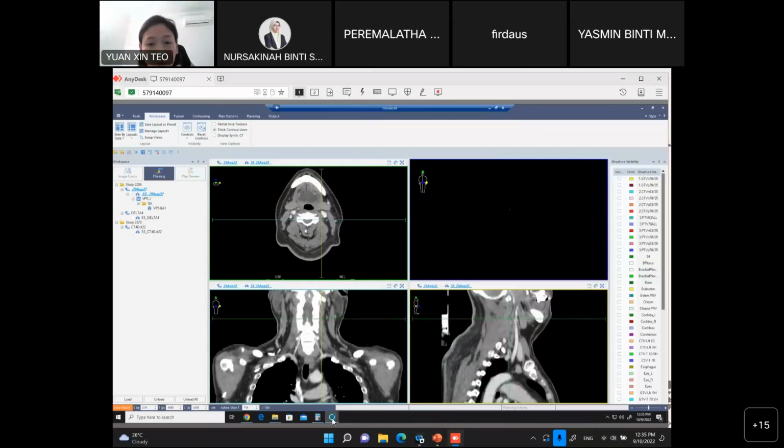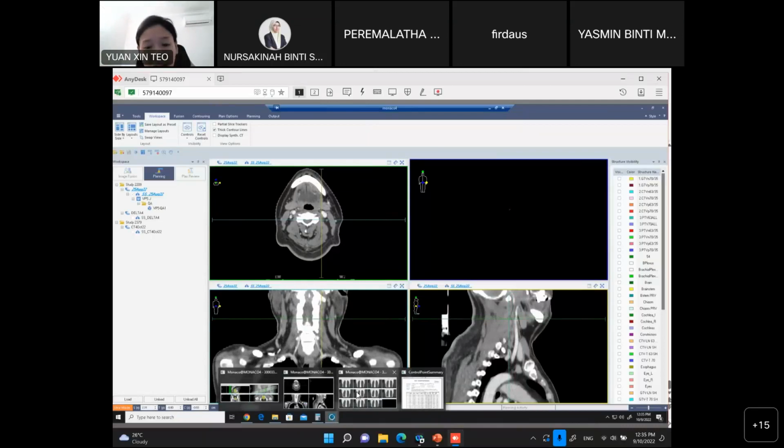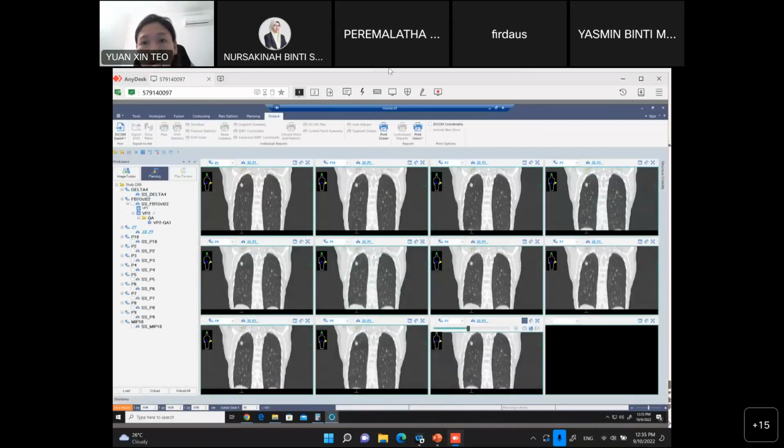Then we go back to, okay, any other questions? Then else I share with you, this is the 4D gating CT scan. Not many centers have this, but this is the new era of radiotherapy treatment delivery.